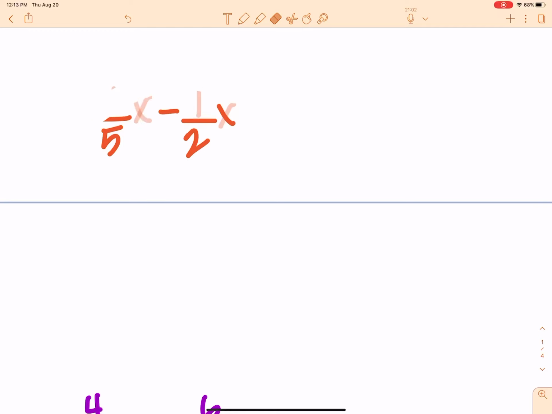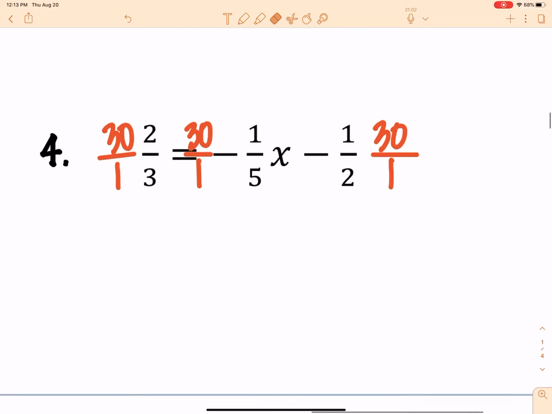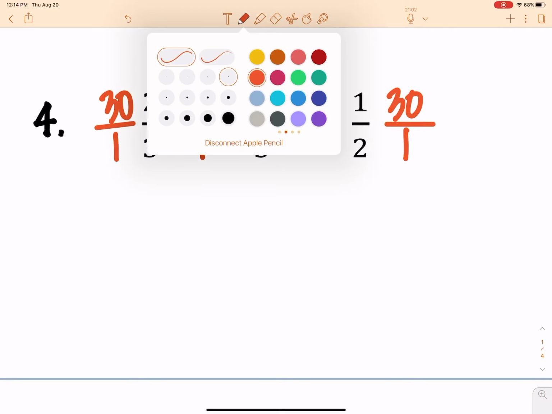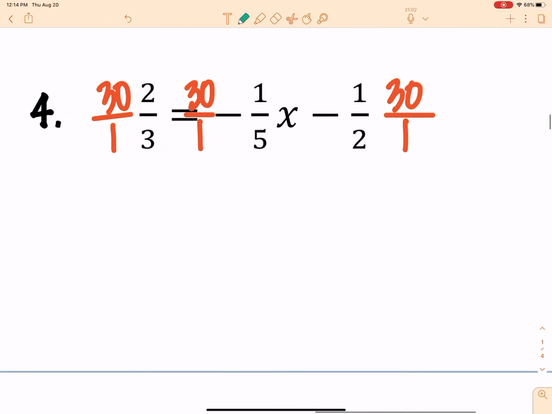You can only do this clearing fractions stuff if there's an equal sign and we're solving for x. But if you're just adding fractions together, 1/2 plus 1/3, that's just your problem. You have to make common denominators and all that stuff that we've been used to in Algebra 1. The reason we're clearing them is because there's an equal sign. So really start understanding the reason why and how and when I can clear fractions.